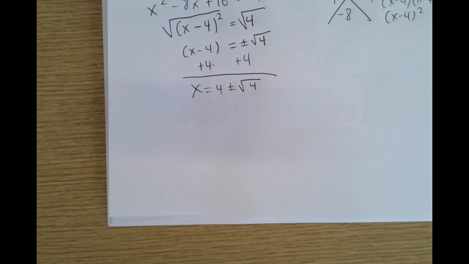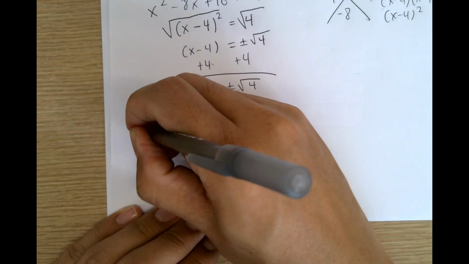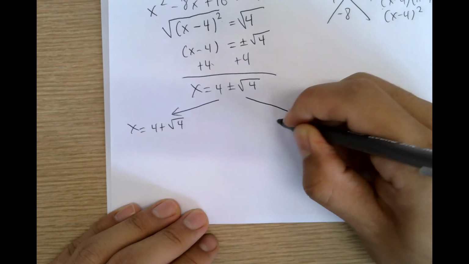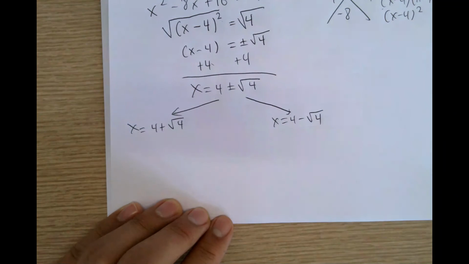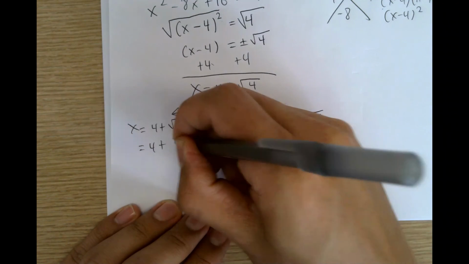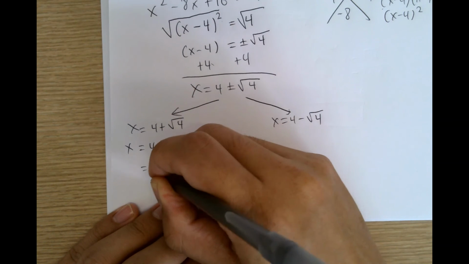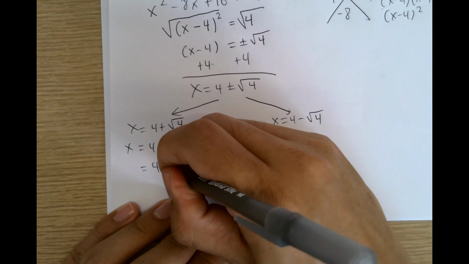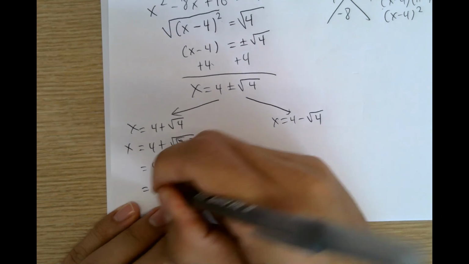So now we can split this into two different things. This would be x is equal to 4 plus the square root of 4, or x is equal to 4 minus the square root of 4. So this would be 4 plus the square root of 2 times 2, which we know that if you have two numbers under the square root which multiply each other, this becomes 4 plus 2, and this becomes 6.